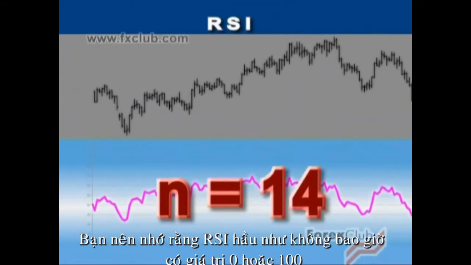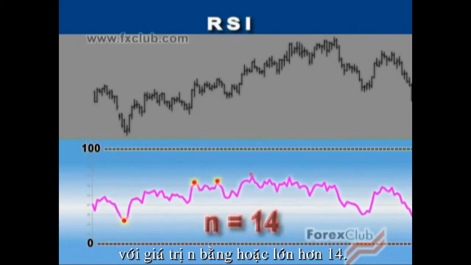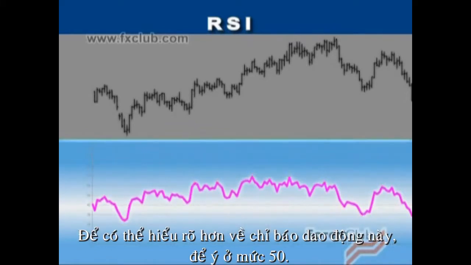It should be noted that RSI almost never reaches its extreme values of 0 or 100 if n is equal to or greater than 14. To get a better understanding of this oscillator, keep your eyes on the level 50.